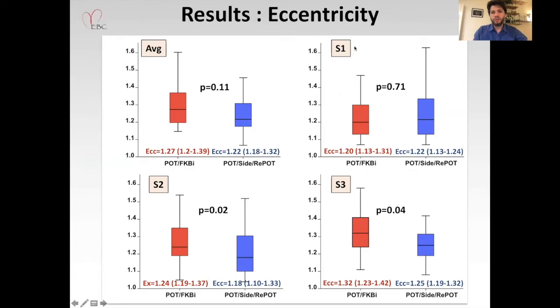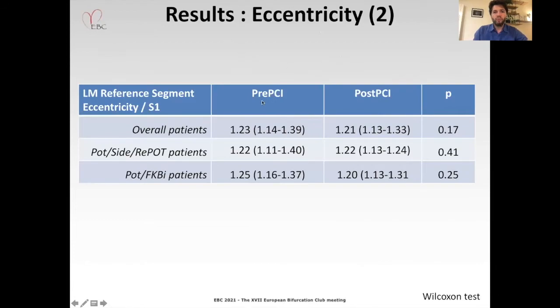This difference was not observed in the most proximal part of the stent, the S1 section. Moreover, when we compared the evolution of the eccentricity between the reference segments and the S1 section pre and post PCI, we did not observe significant difference in the overall cohort and in any of the two groups.